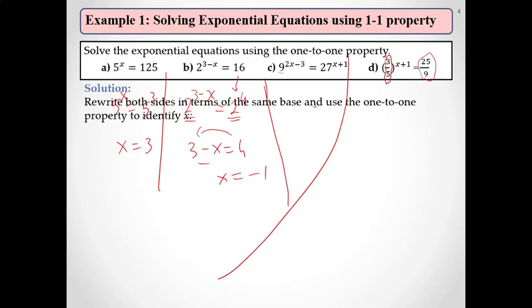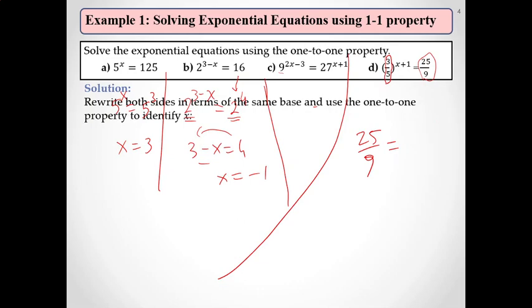The first thing you can do is write this one as a power of 3 over 5. Then the bases will be the same, you can set the powers equal to each other, then solve the equation. Now the idea is, which power of 3 over 5 is 25 over 9?